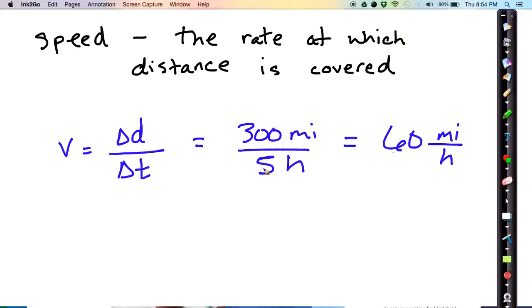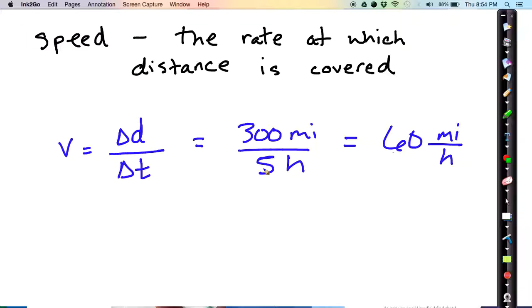Now, this is average speed, so that means that during our 300-mile trip, we averaged out to 60 miles per hour. We wouldn't have been traveling at 60 miles per hour the entire time. We would have started at 0. We would need to accelerate to increase our speed. And then to average out to 60, we would have had to have been traveling at some speeds higher than 60 miles per hour along the way as well.